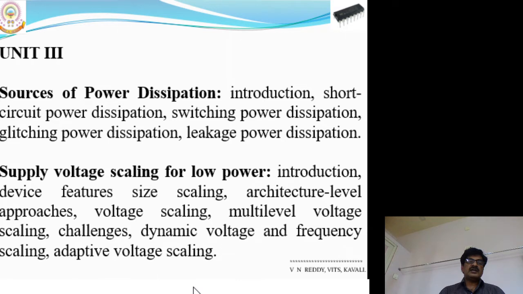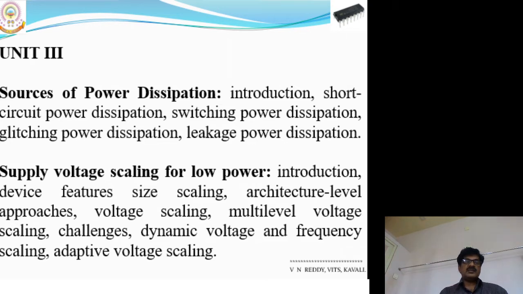If you see the classification of power, power is generally dynamic power and static power. In dynamic, the subclassification is short circuit power dissipation, switching power dissipation, and glitching power dissipation. Coming to static, it is purely leakage power dissipation.